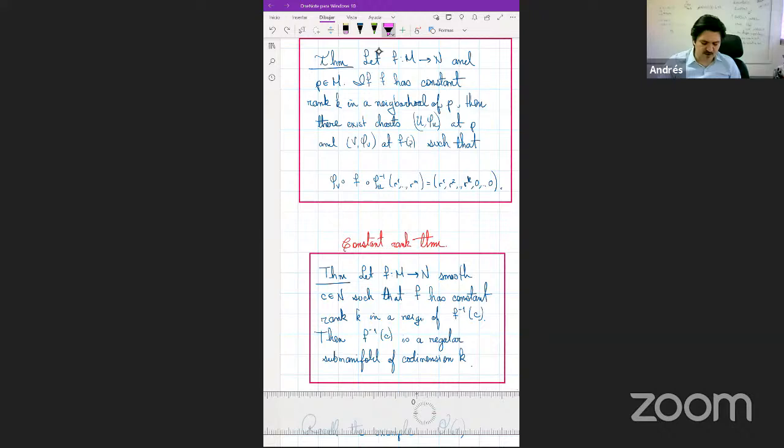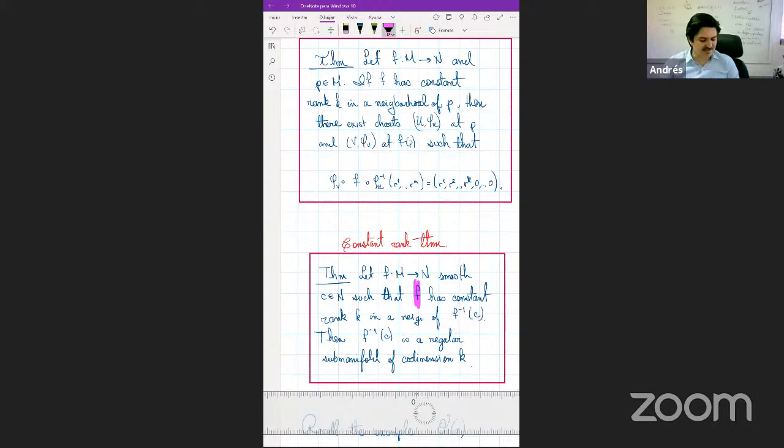Here I only require that F has constant rank in a neighborhood of this, and then I can conclude that the pre-image is a smooth manifold.